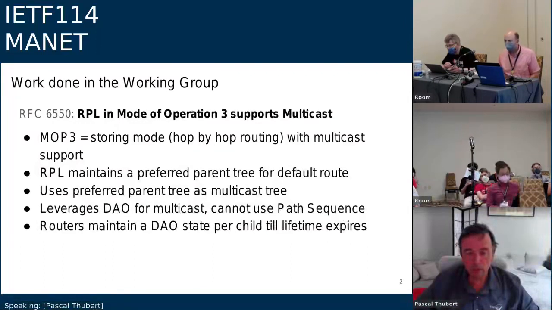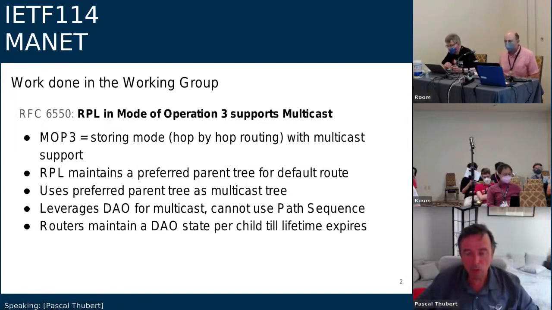In non-storing mode, each node advertises its potential parents. Since it's a DODAG, it's not just one parent, it's multiple parents. So each node advertises its parents to the root, saying, I'm here, and my potential parents are those guys. With this, the root is capable of rebuilding the whole structure of the DODAG in memory, and then uses that for source routing. That's the non-storing mode.